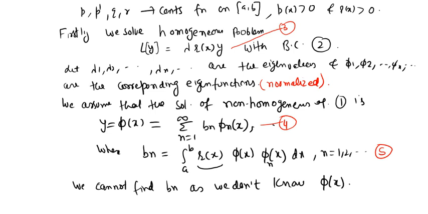Okay, so we cannot proceed directly, but of course we will find b_n in some indirect way, and if we know b_n, then we know the solution, as we already know the phi_n's.